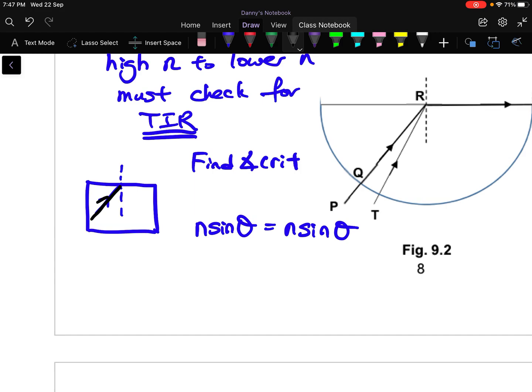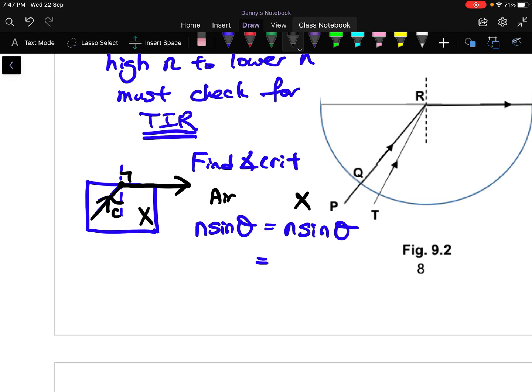So what is the critical angle? Critical angle is basically when you shine a ray like that, if it is at the critical angle, the light will go like this. So you can use this as a template. Let's say this is air to substance X. How to find the critical angle of substance X?